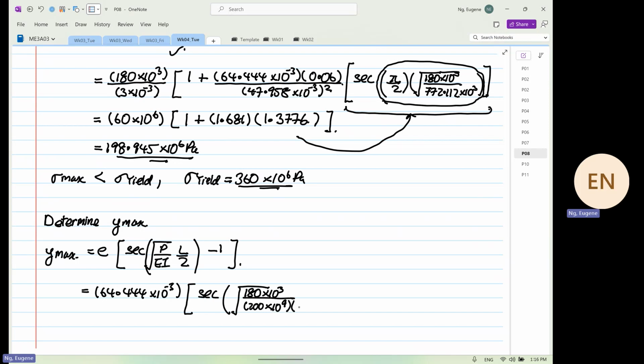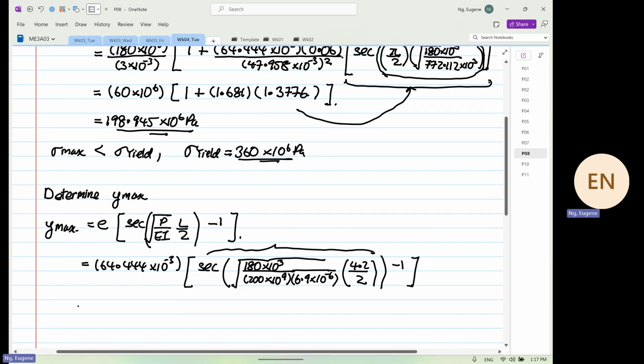And then your I is 6.9 times 10 to the power minus 6. And then you have to include your 4.2 divided by 2. You close your bracket and close another bracket, and then the whole thing minus 1. Can someone compute this for me, please? What do you get?